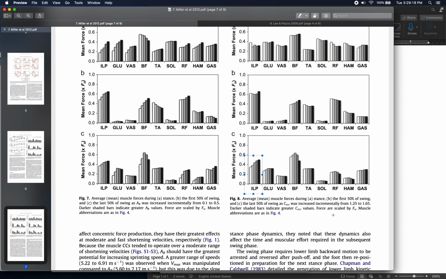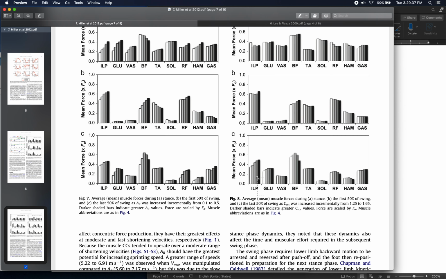Okay? So just because we didn't see an increase in force here in the hamstrings doesn't mean that we weren't seeing that effect of the hamstrings being important in slowing down the leg and removing kinetic energy from the leg. That was indeed happening. They were actually removing more kinetic energy. It's just not reflected in the force level here.